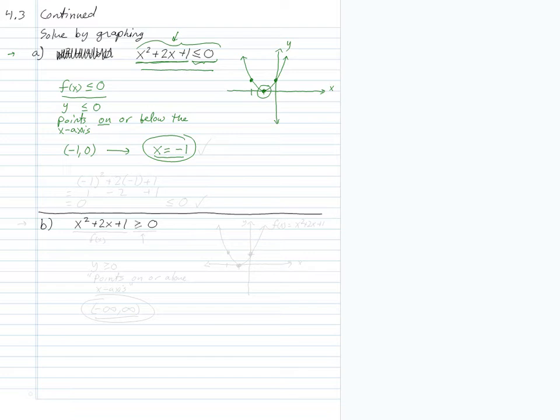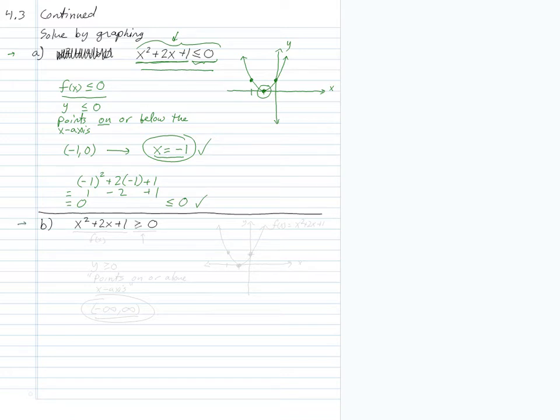So if we check -1 in this inequality, x squared plus 2 times -1 plus 1, my left-hand side is 1 minus 2 plus 1, which is 0, which is in fact less than or equal to 0. So I would say this is our only solution, based on the graph that we're viewing here.